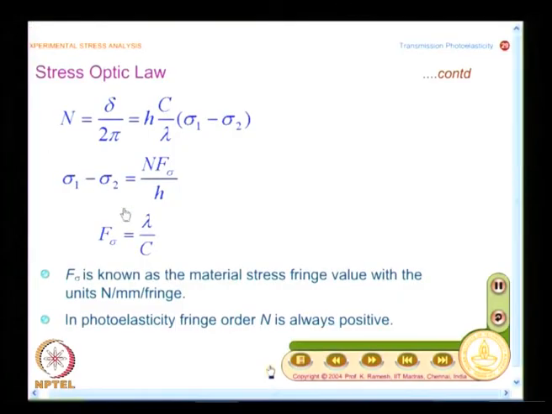Okay, now let us look at the expression. If I have to use this expression, my interest is to find out sigma 1 minus sigma 2, that is very clear.